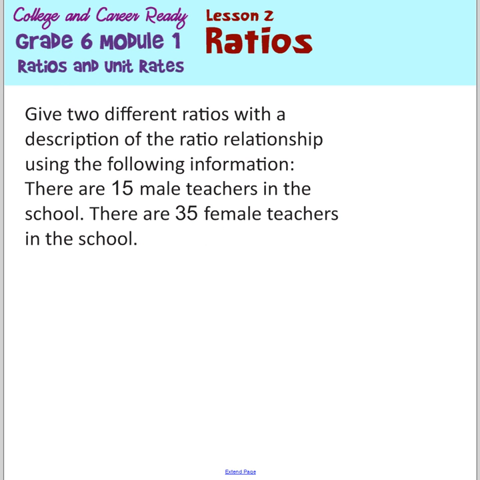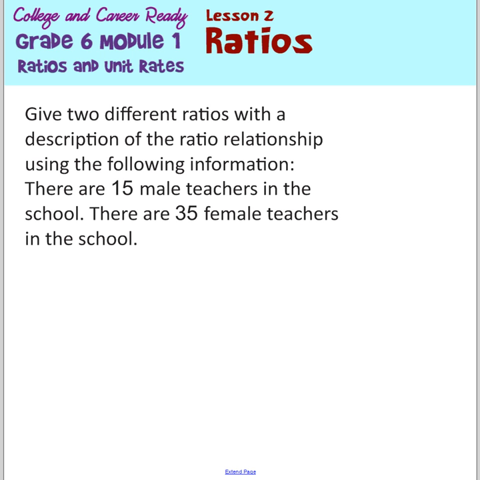So here's just one practice, just to sum it all up. Give 2 different ratios with a description of the ratio relationship using the following information. There are 15 male teachers in the school. There are 35 female teachers in the school.